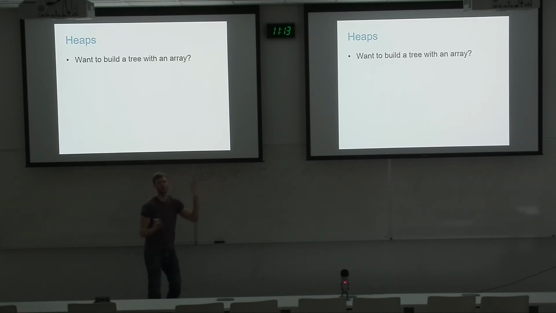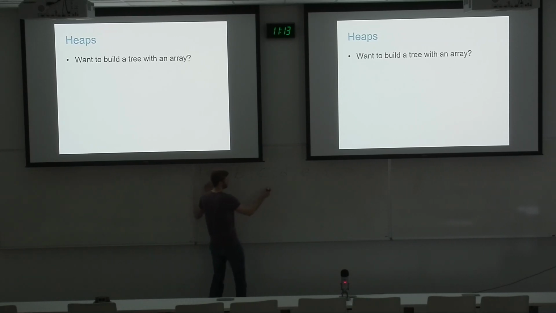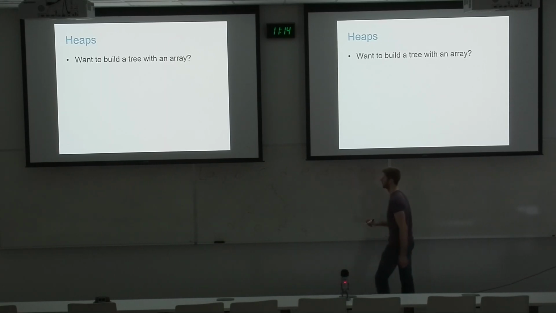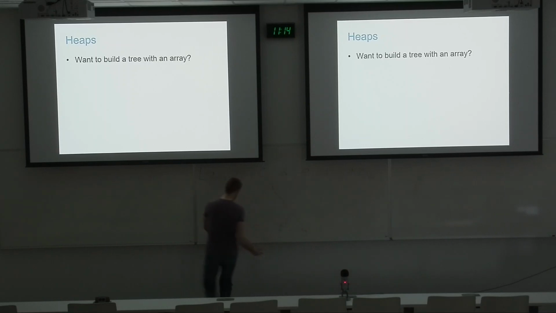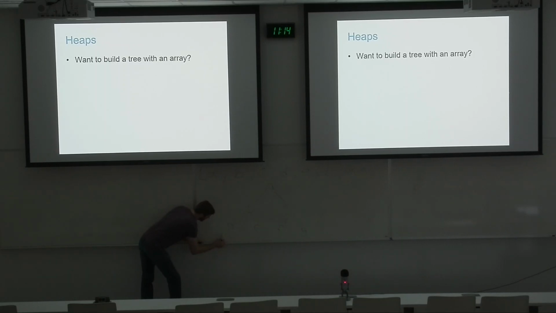But here's how I can decode this, interpret this as a tree. A is the root. B is the left subtree, then C, then D, then E, then F, then G. Let's draw one more just because, H. And then down here, it might be hard to see, but I also have an H. And then that's it.